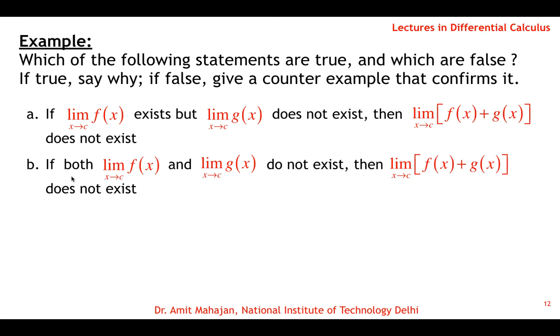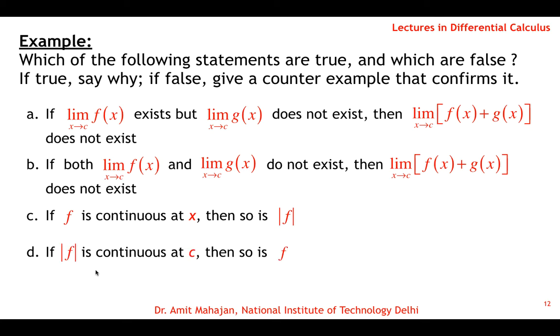Second is that if both limits, limit x approaching c of f(x) and limit x approaching c of g(x), do not exist, then the limit of the sum also does not exist. Okay, so that's second. Third is that if a function is continuous at x, then so is the modulus of the function.